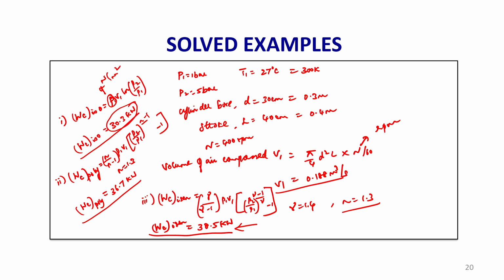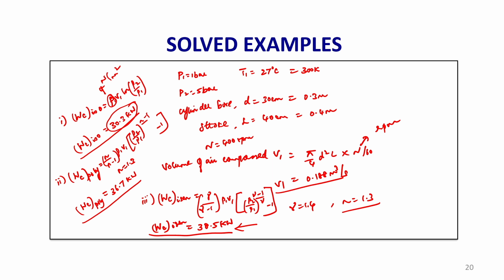The polytropic work done is between isothermal and isentropic. It is more than the isothermal work done of 30.3 kilowatt, but less than the isentropic work done of 38.5 kilowatt.